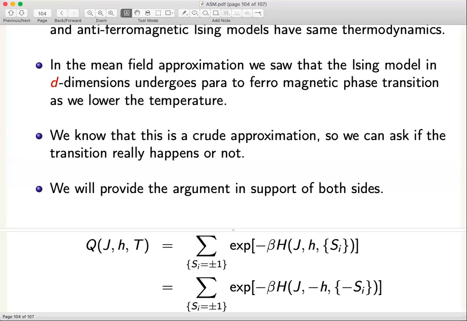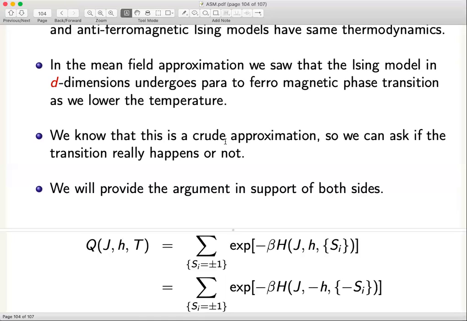But we could still ask a question. Imagine that you don't know anything about experimental data, and mean field theory told you that this phase transition happens. You know that mean field theory is a very crude approximation, and you should be doing much better than that.